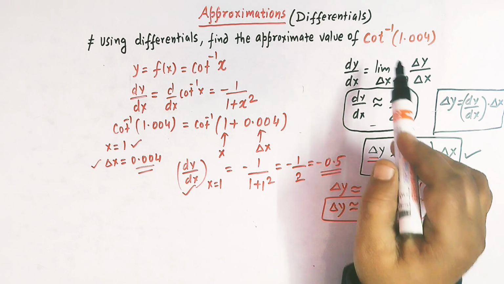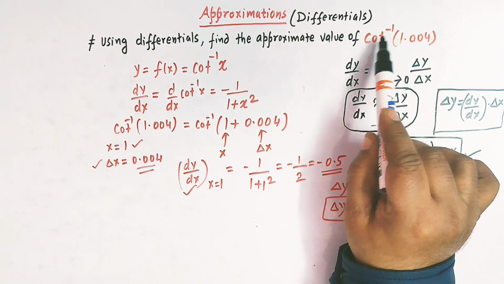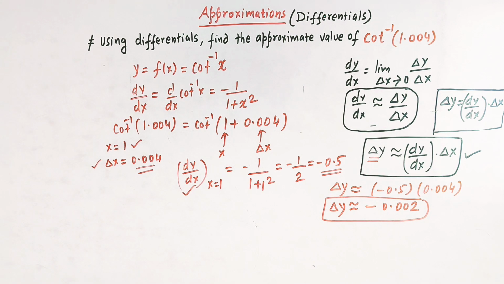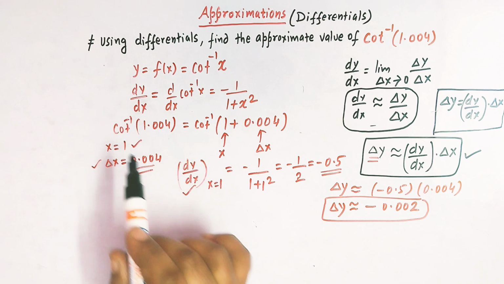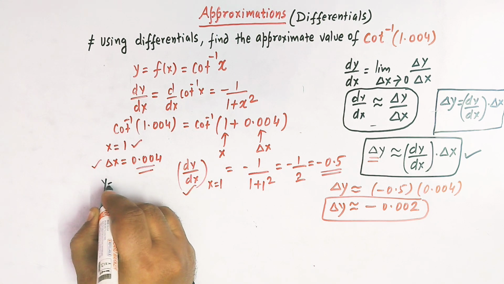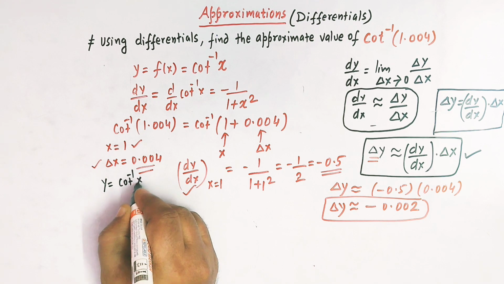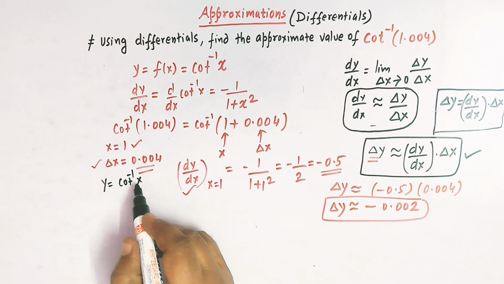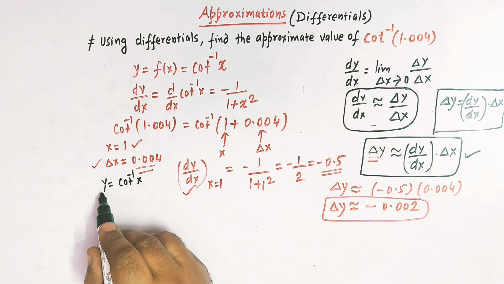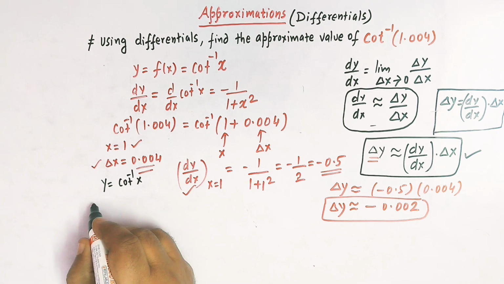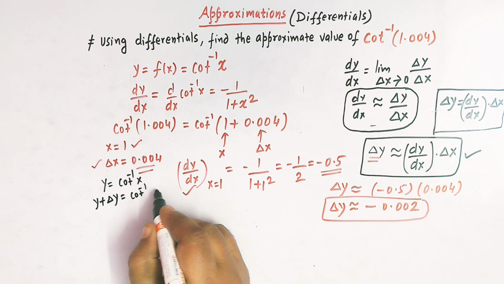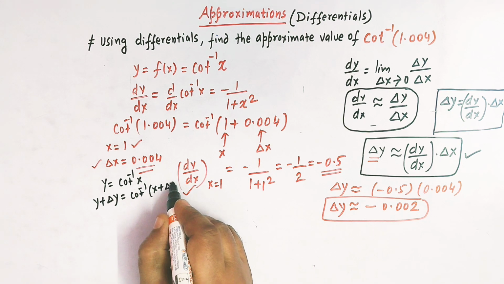Now we need to find the value of cot inverse 1.004. For this, we will take help of the function y equal to cot inverse x. When we make a small change in the value of x, there is a corresponding change in the value of y. So we have y plus delta y equal to cot inverse of x plus delta x.